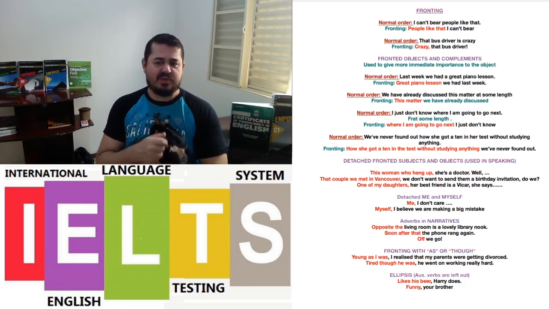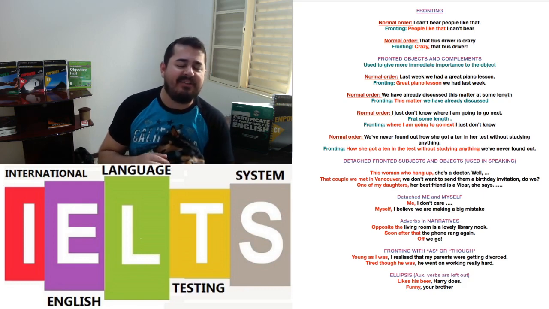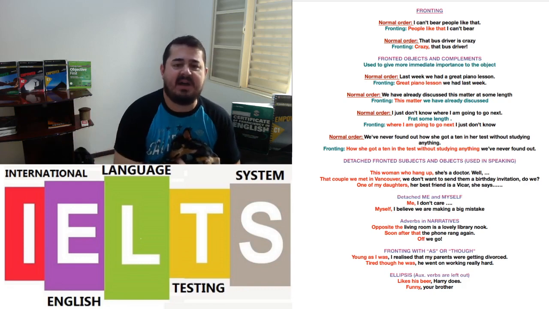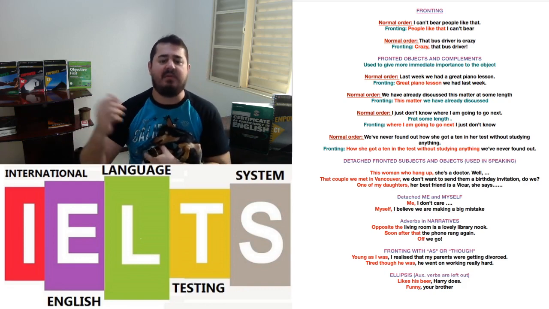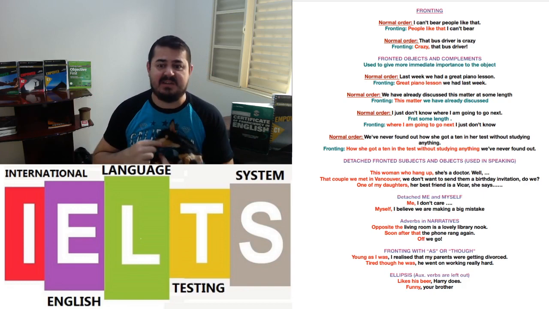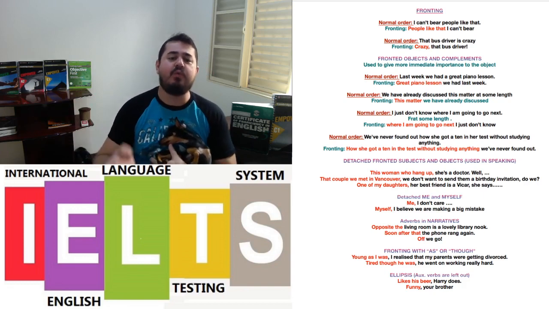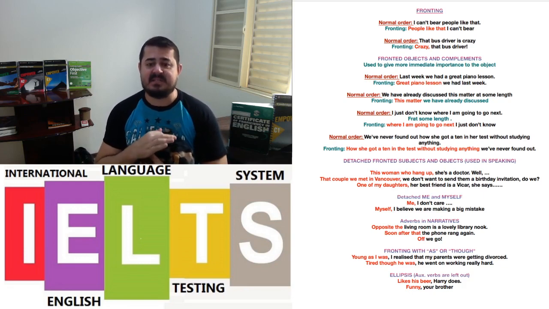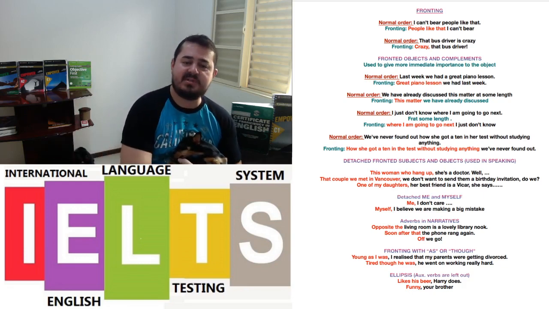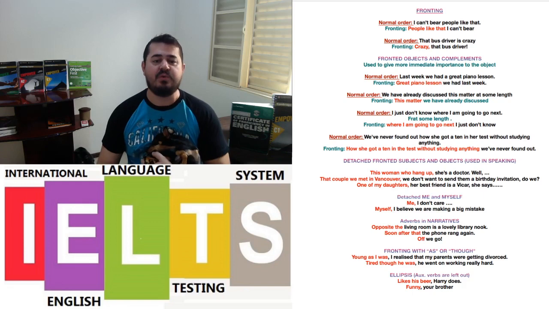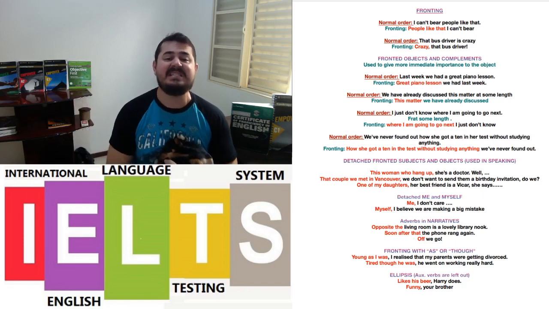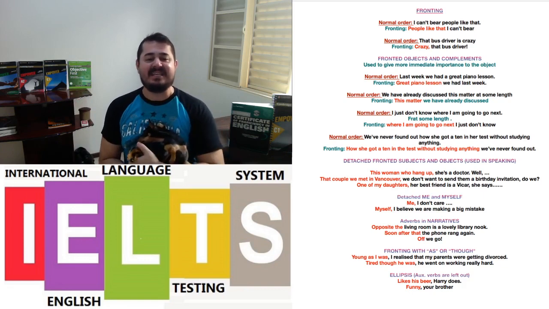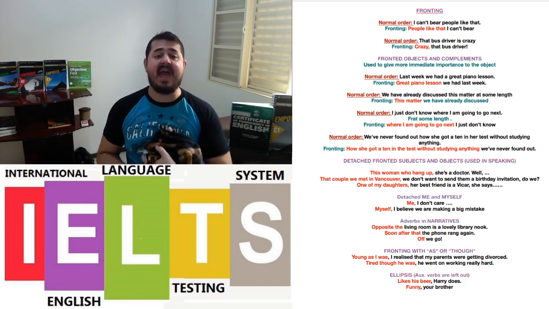Tired though he was, he went on working really hard. Again, in spite of being really, really tired, probably bogged down, probably jaded, he still carried on working really hard. Okay? So in this case, I gave emphasis to tired though he was, and I used the adverb though to represent the fronting technique.